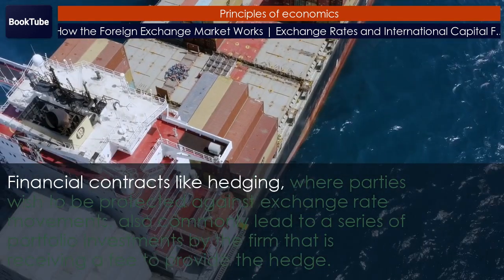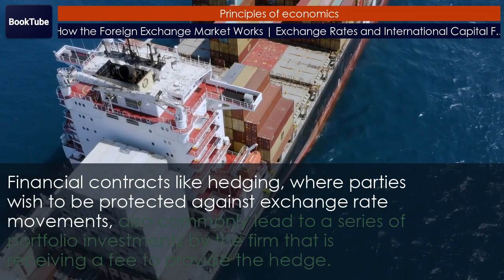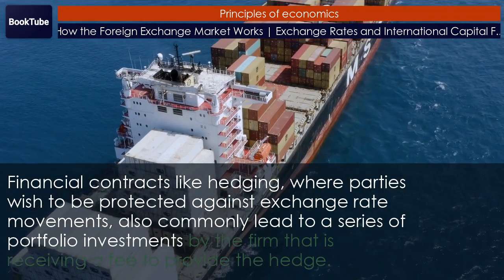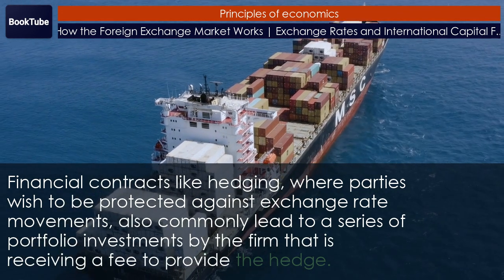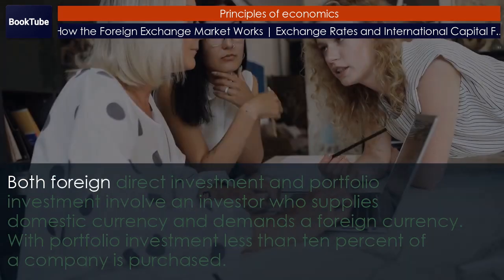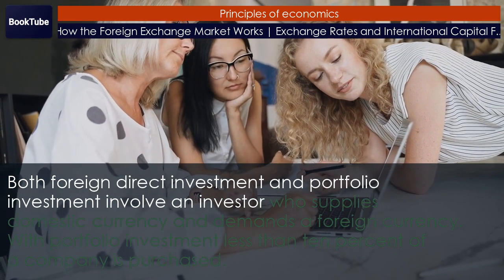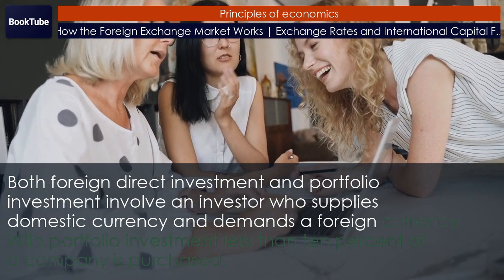Financial contracts like hedging, where parties wish to be protected against exchange rate movements, also commonly lead to a series of portfolio investments by the firm that is receiving a fee to provide the hedge. Both foreign direct investment and portfolio investment involve an investor who supplies domestic currency and demands foreign currency.